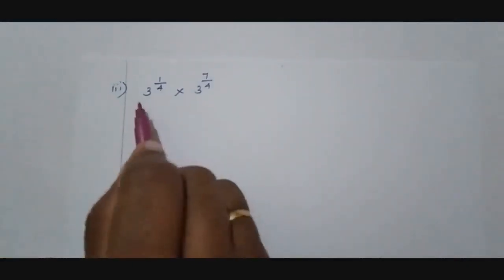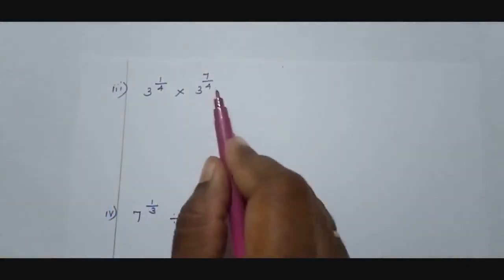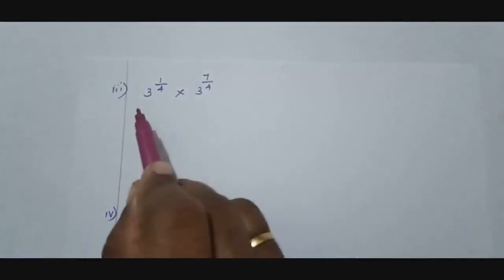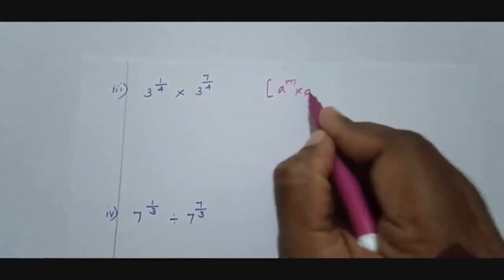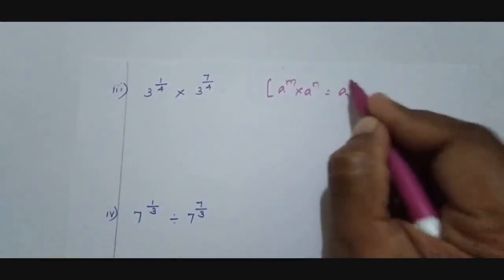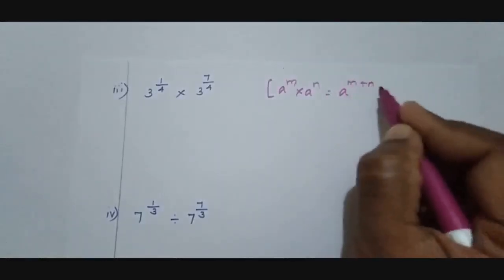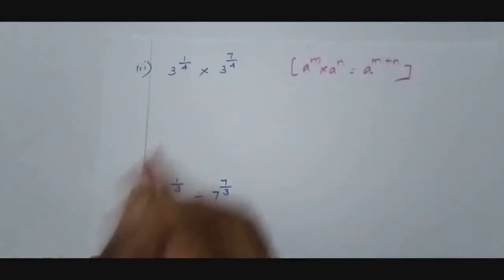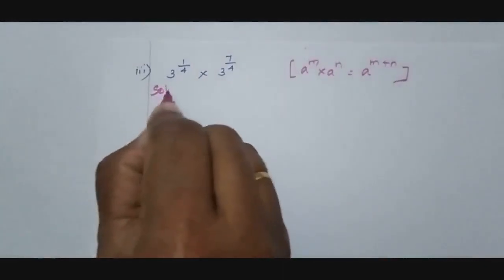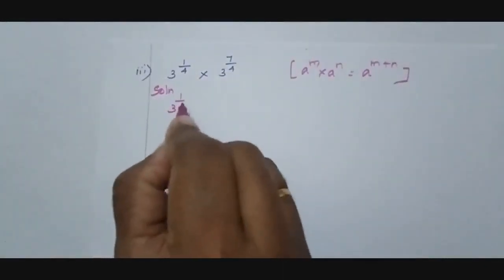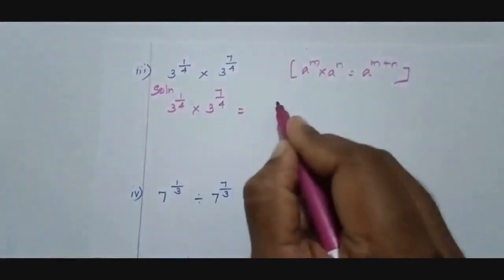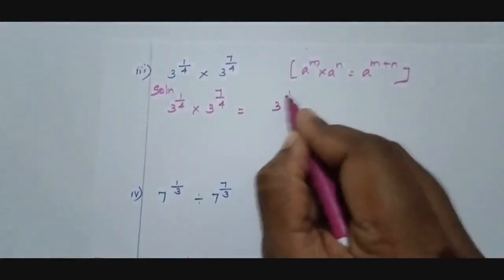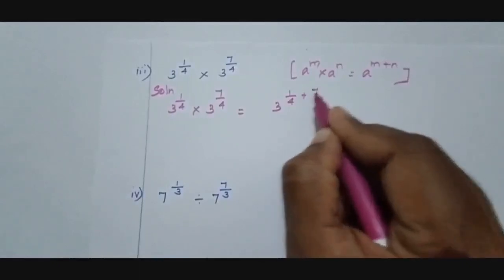Next one, 3 power 1 by 4 into 3 power 7 by 4. So this is based on the rule a power m into a power n is equal to a power m plus n. So 3 power 1 by 4 into 3 power 7 by 4 is equal to 3 power 1 by 4 plus 7 by 4.